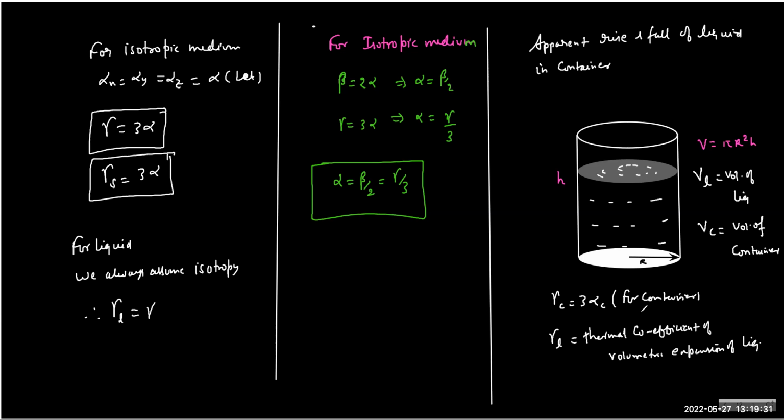So what will be the condition for the apparent rise? It's very simple. For apparent rise, which one should expand more, container or liquid?